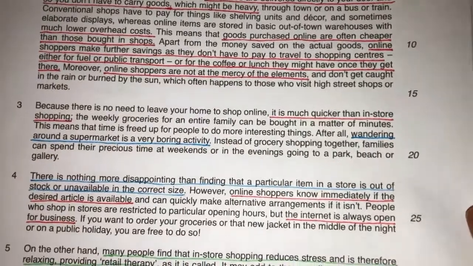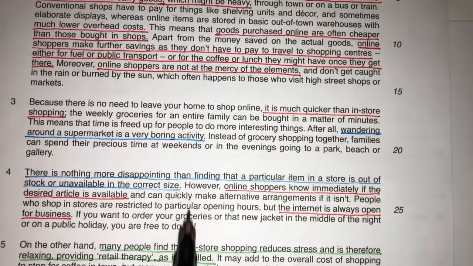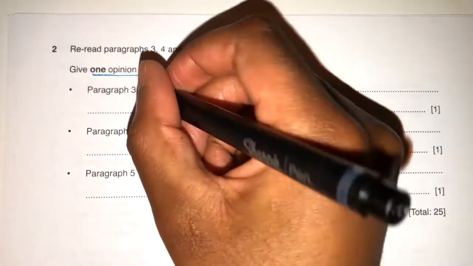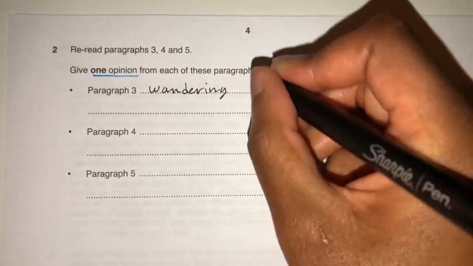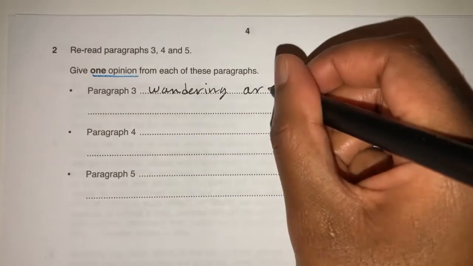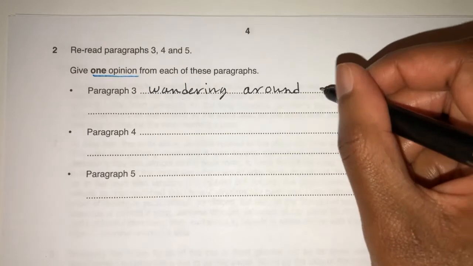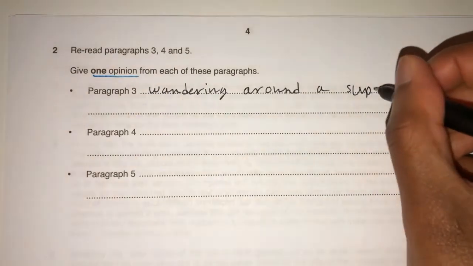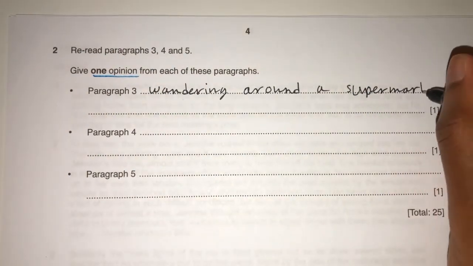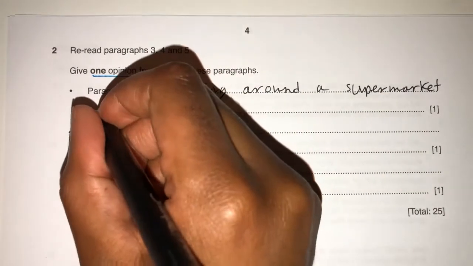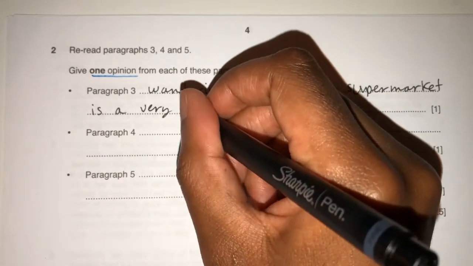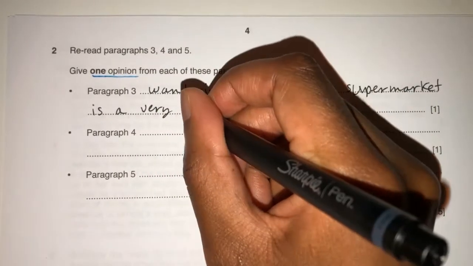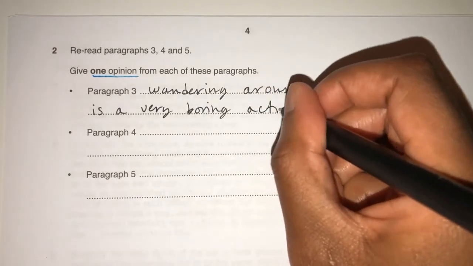Okay. So opinion in paragraph 3. All right, wandering around supermarket is a boring activity. So quickly, boring activity.